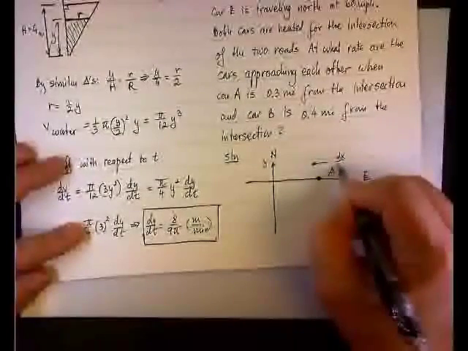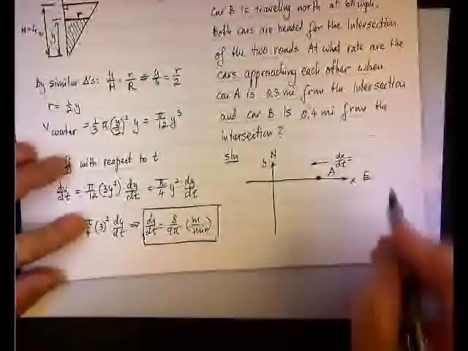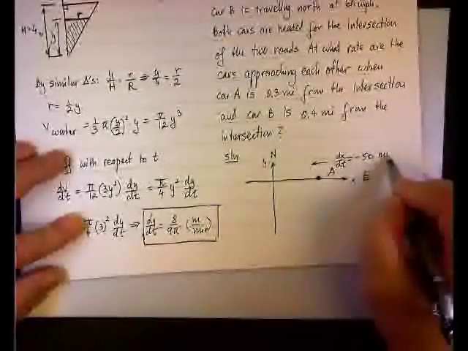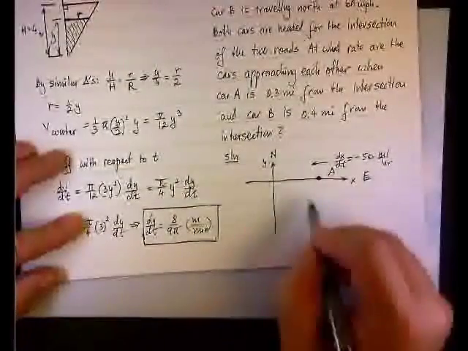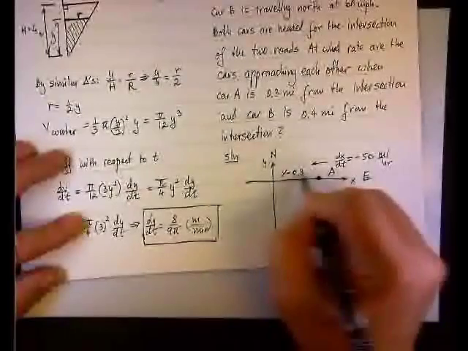So what would be dx dt? It would be negative 50 miles per hour. And the distance at a certain point will be 0.3, so we can write x equals 0.3 miles.